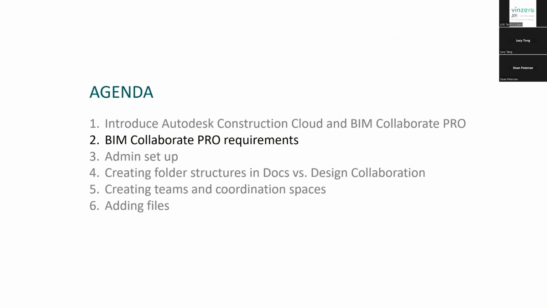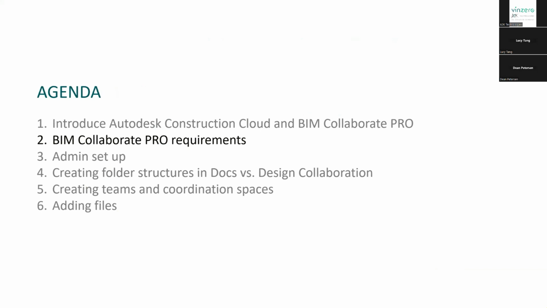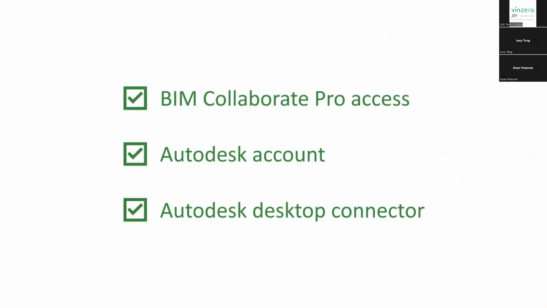For BIM Collaborate Pro to function, there are a few requirements you must fulfill. So what are these requirements? The most vital thing is access to BIM Collaborate Pro. First and foremost, you need to have a subscription to BIM Collaborate Pro.